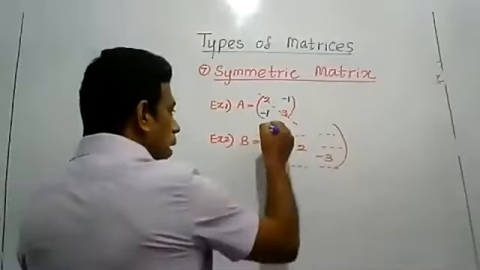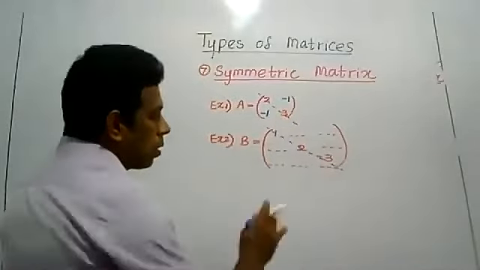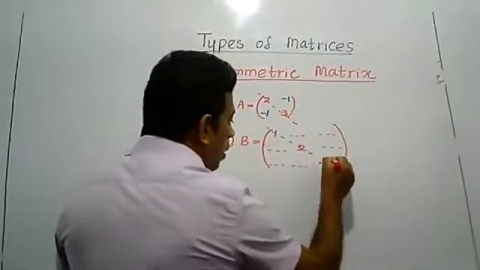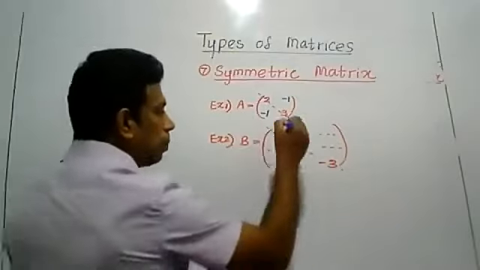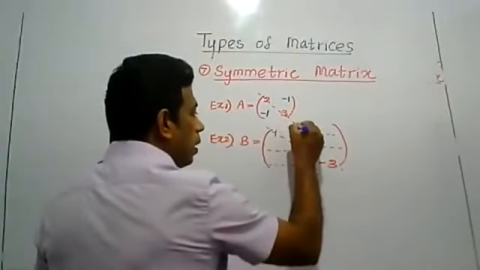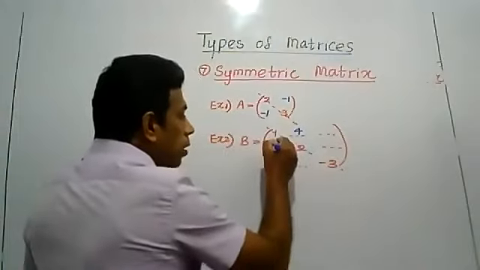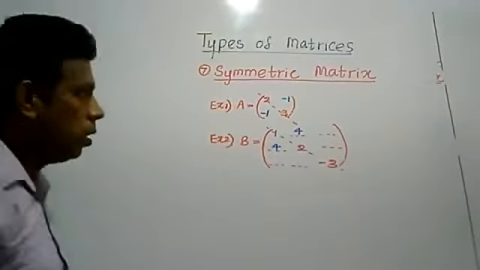Now this is the main diagonal. We want to mark the same element around the main diagonal. Now how can you mark this? Here, I will mark element 4. So this is a main diagonal. Here should be 4. These two elements should be equal.